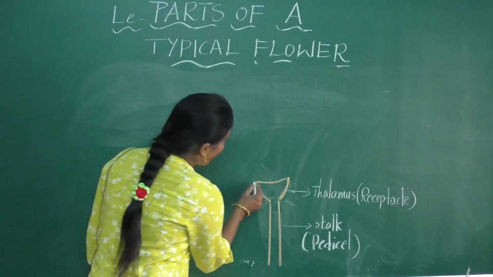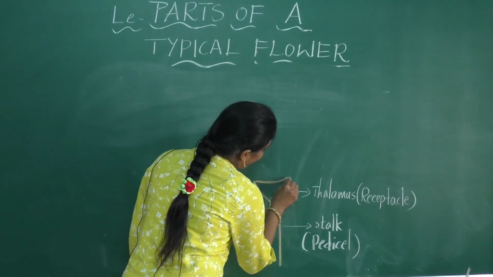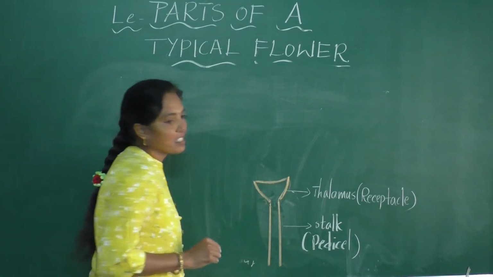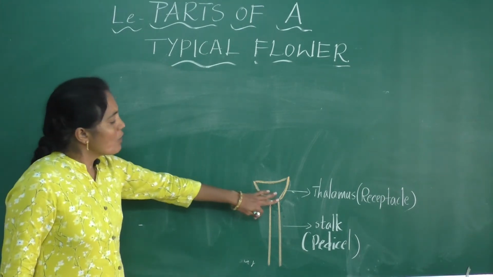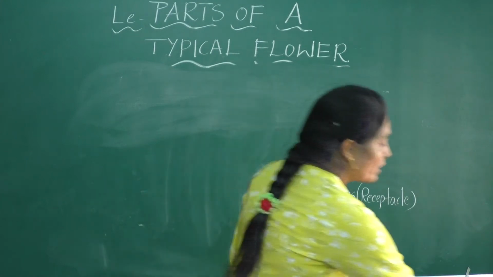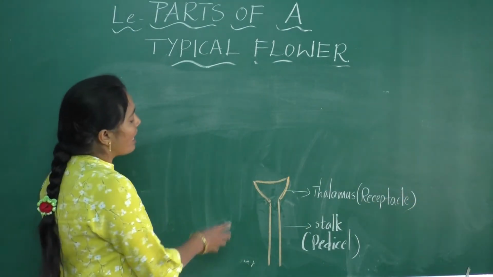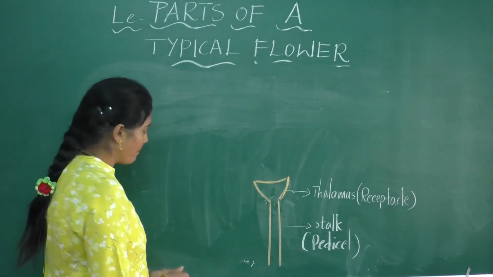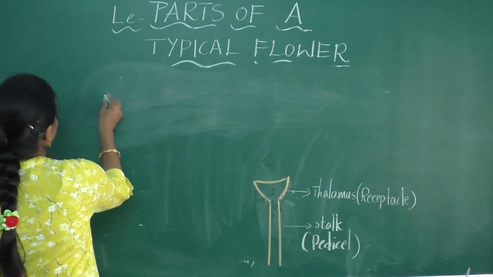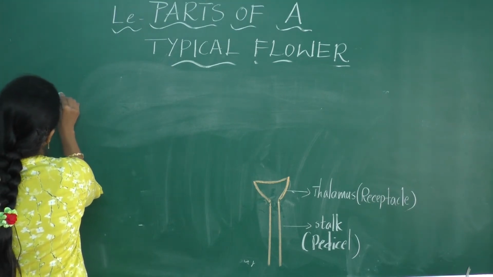So, all the floral whorls arise from this thalamus. The four whorls are arranged on the thalamus in a definite sequence. The sequence from outer side to inner side is as follows.